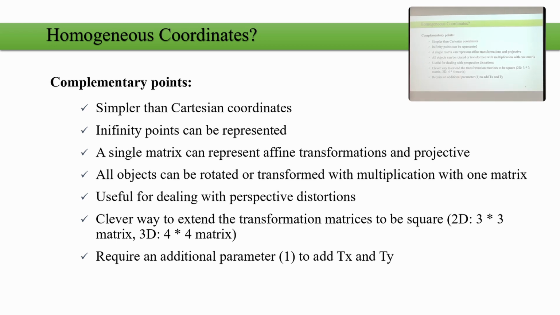And it's a clever way to extend the transformation matrix to be square: 3 times 3 matrix in 2D, 4 times 4 matrix in 3D. If you go to the details in the transformation matrix, we don't have square matrices, and it is challenging to make it square. So with adding one more parameter, we can have square matrices that make calculations much easier.